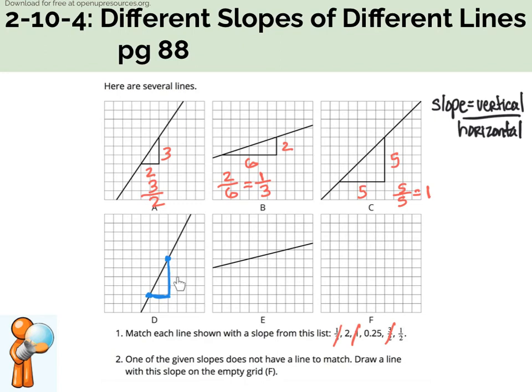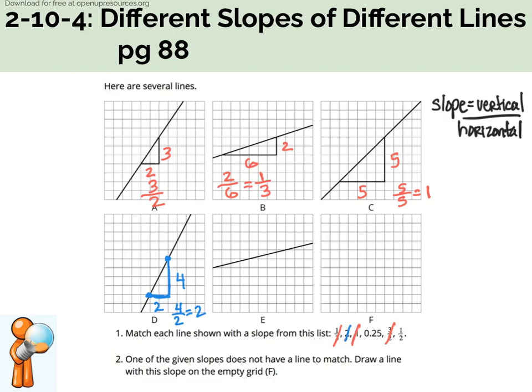How far is it up and down? So 1, 2, 3, 4. How far is my horizontal? 1, 2. Okay, so then we're going to have vertical over horizontal. 4 divided by 2. I can reduce that down. If I put it in my calculator, that is 2. Awesome. That's this one here.